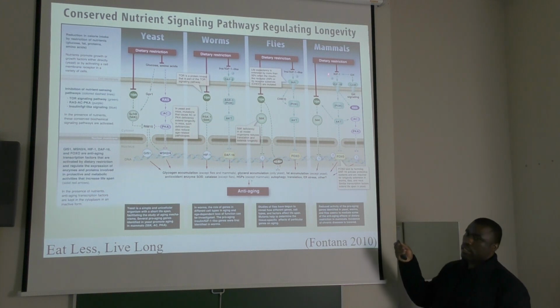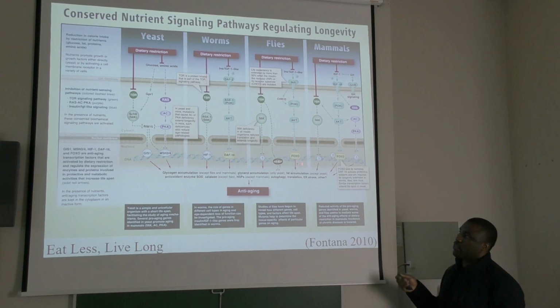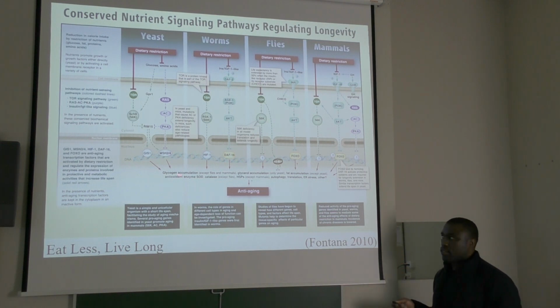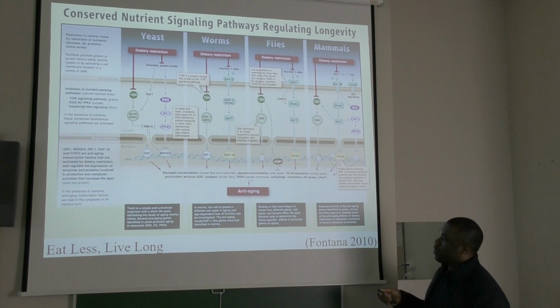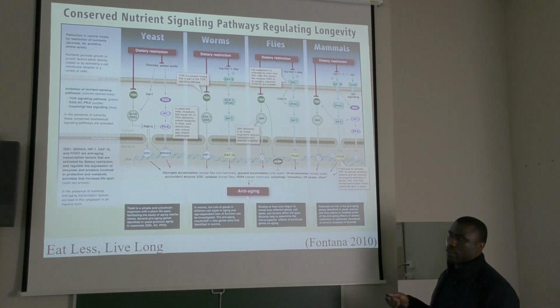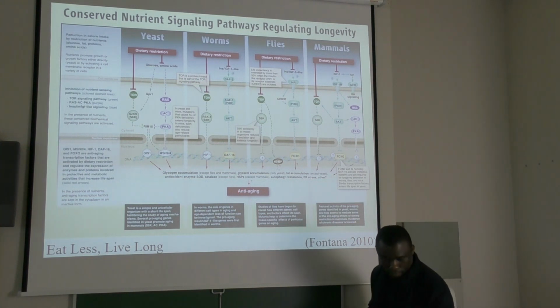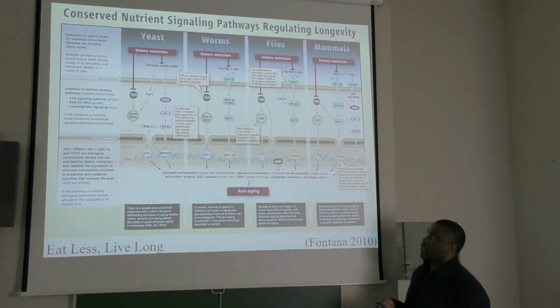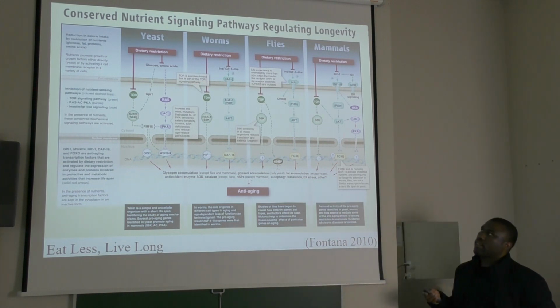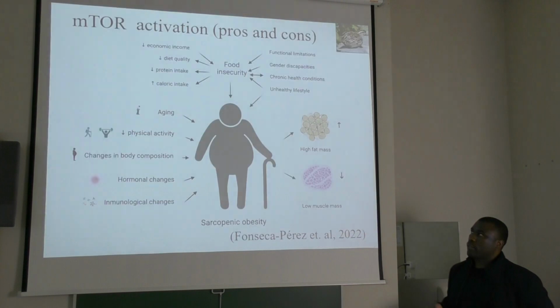If you do that, then mTOR is inhibited, no further activation of the mTOR, no further diseases, no further aging. That means you increase your lifespan. So if we want to live longer, we have to reduce the amount of nutrients that we eat.